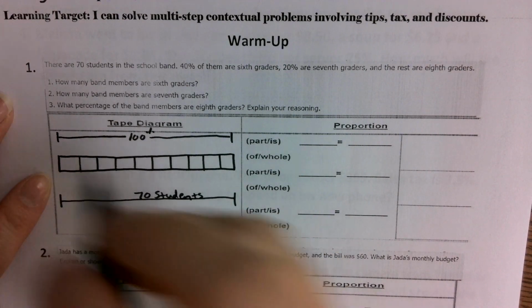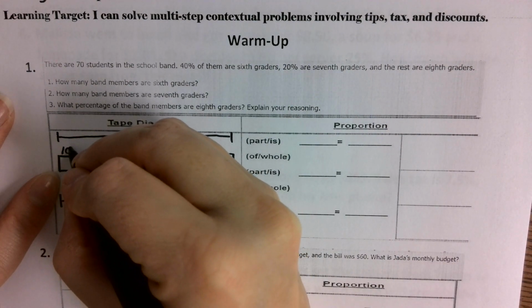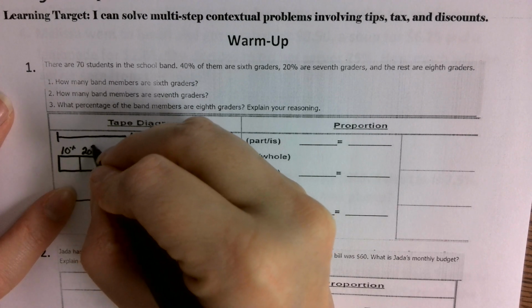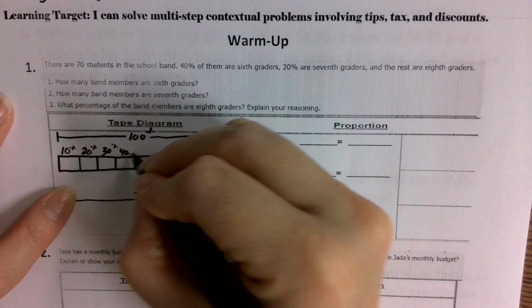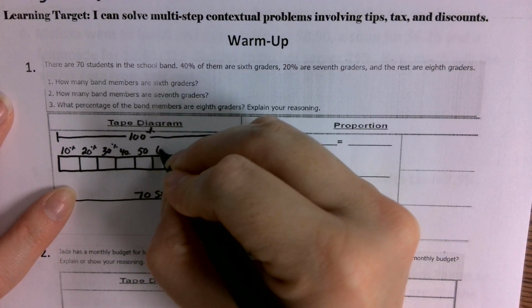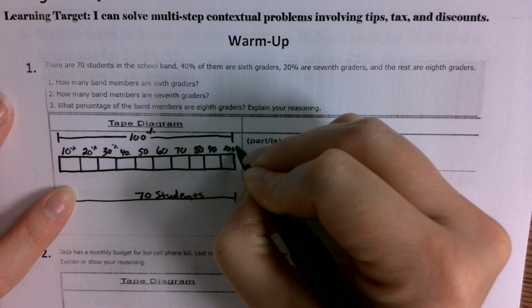So there's my 10 boxes. Again, each box is worth 10%, so the first box is 10%. If I have 2 boxes, it's 20%, then 30%, 40%, 50%, 60, 70, 80, 90, all the way up to 100%.